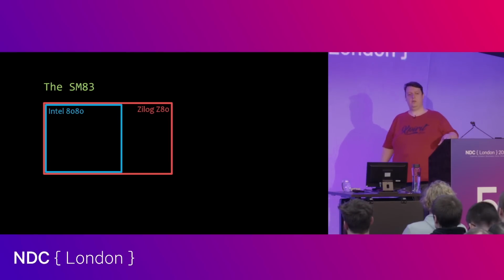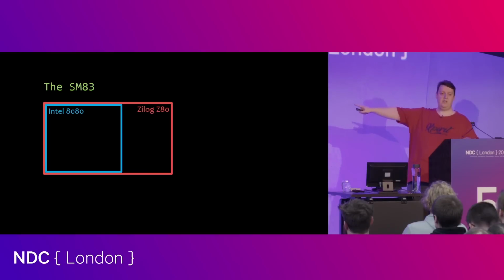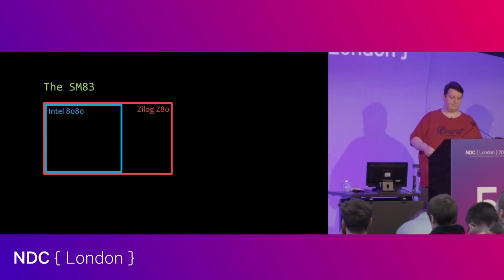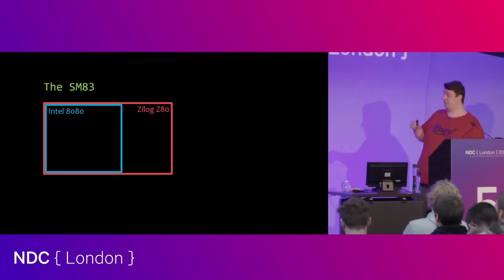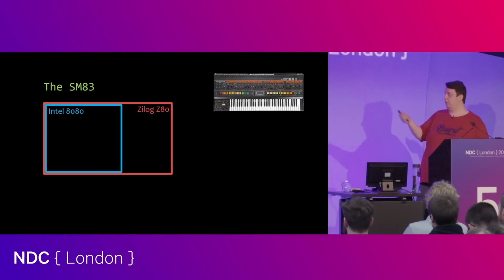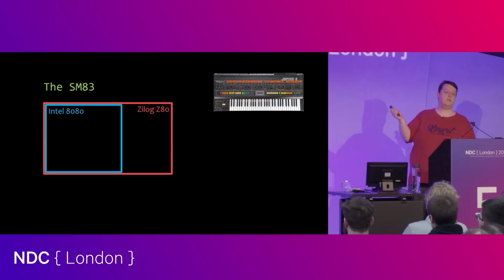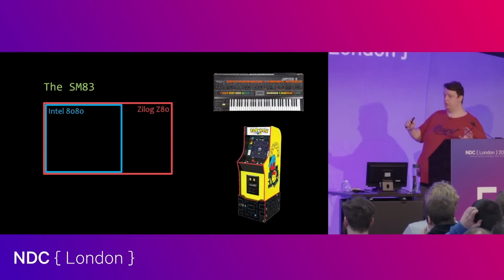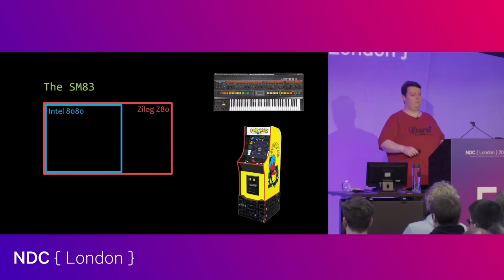So every developer back then could program immediately for this CPU as well, and then learn how to improve their knowledge at the same time. The CPU was so popular that it was actually used in things like Roland Jupiter 8 synthesizers and also the Pac-Man arcade cabinets. So really, really popular CPU at the time, and very powerful.